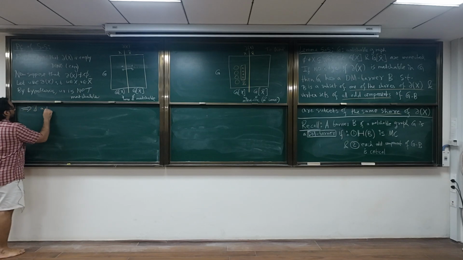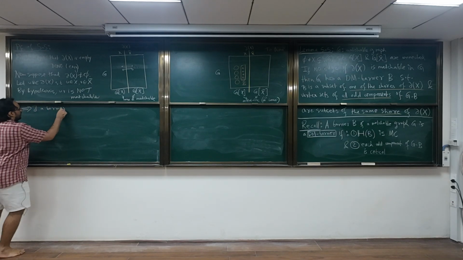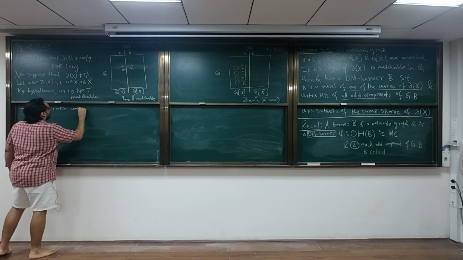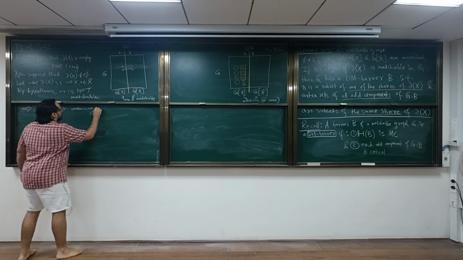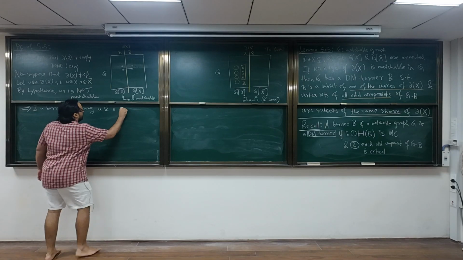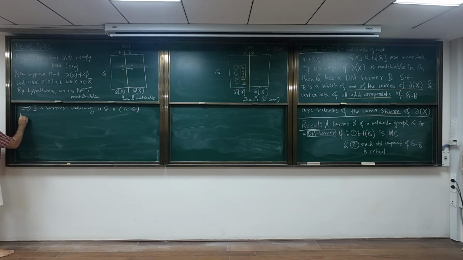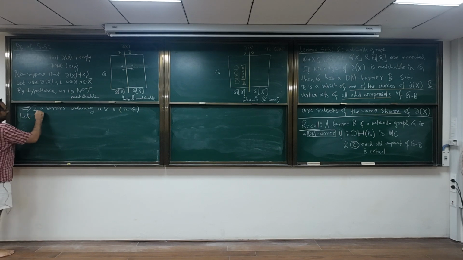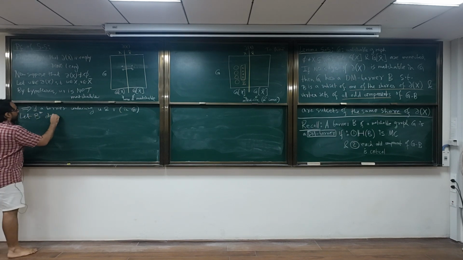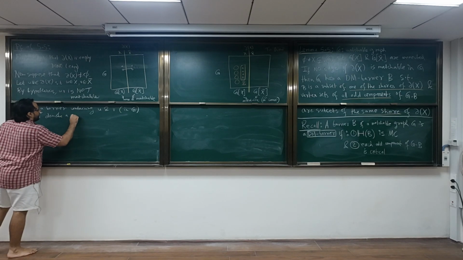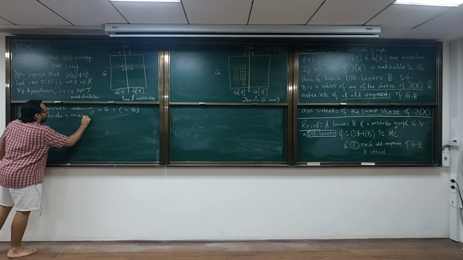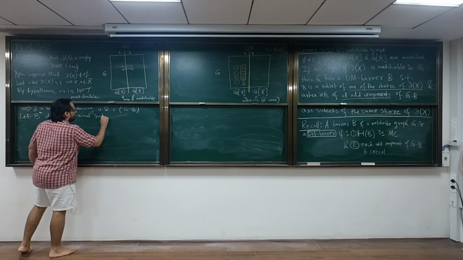There exists a barrier containing u and v in the graph G, and let B star denote a maximal such barrier.